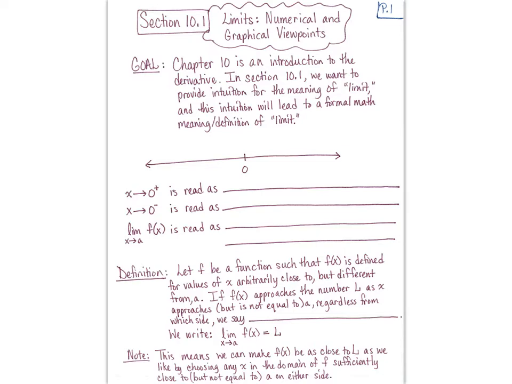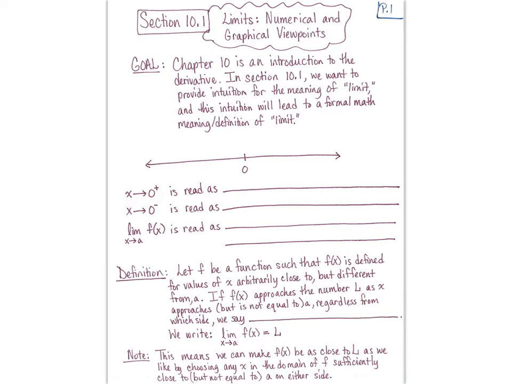okay? So let's start by viewing the number line. We have a number line here, we have 0 marked. This arrow means approaches, okay? We read this x approaches 0 from the right.